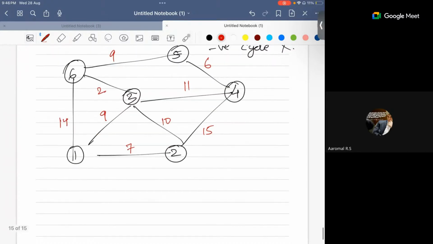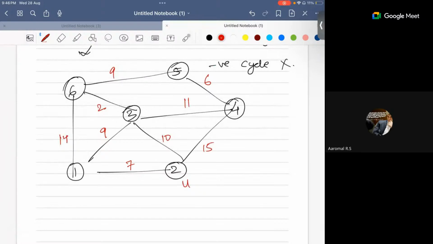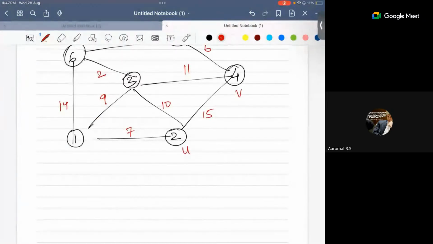So Dijkstra or Bellman-Ford, how does it work? There's a concept called relaxation. For example, if you have two vertices, say this is U and this is V, and there is some cost.